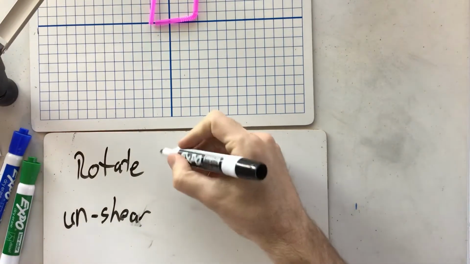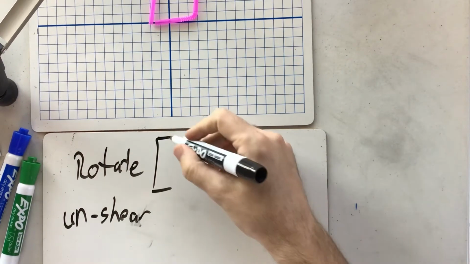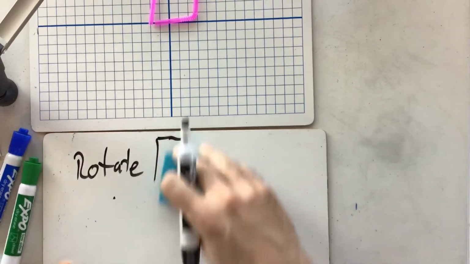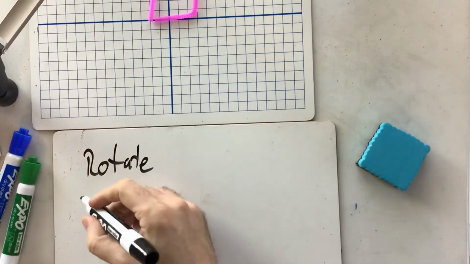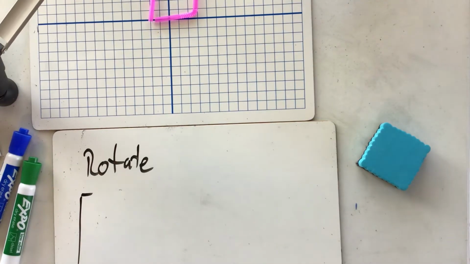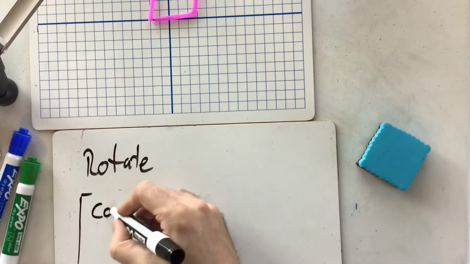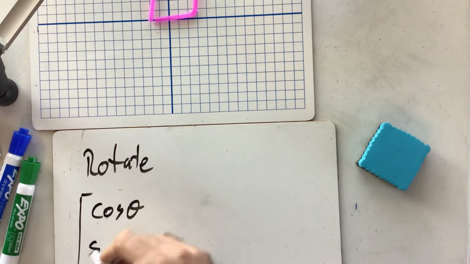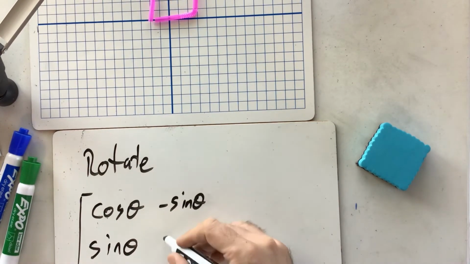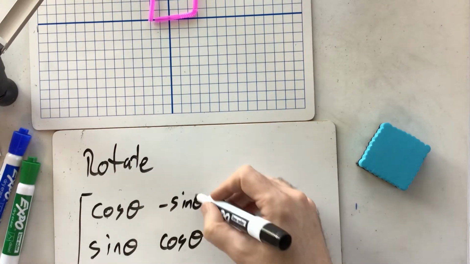Well, a rotation matrix, if you go way back in your notes, is the matrix that looked like this: cosine theta, sine theta, negative sine theta, and cosine theta.